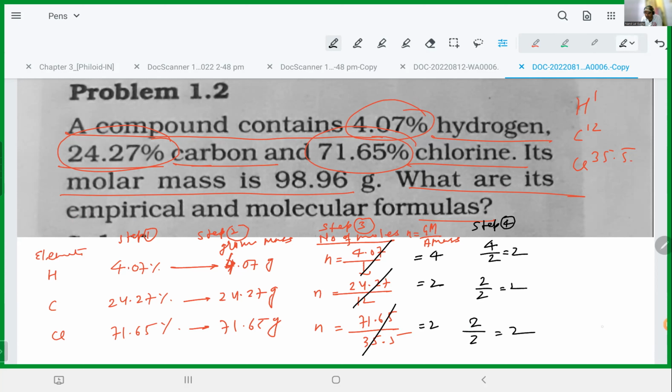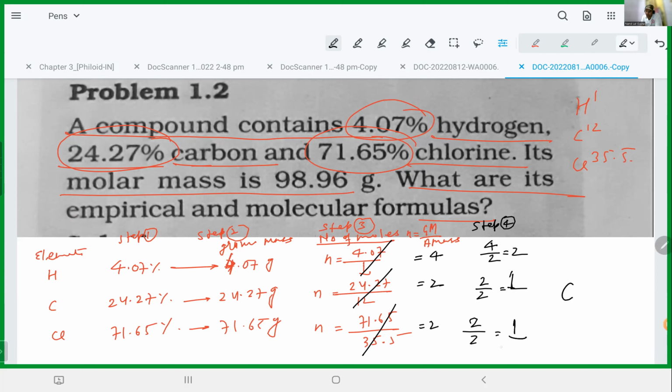Now here, it is 1, sorry. Can you see this one? Now this is the lowest ratio and whole number ratio. If it is already a whole number ratio, you need not do anything. So carbon I am writing first.